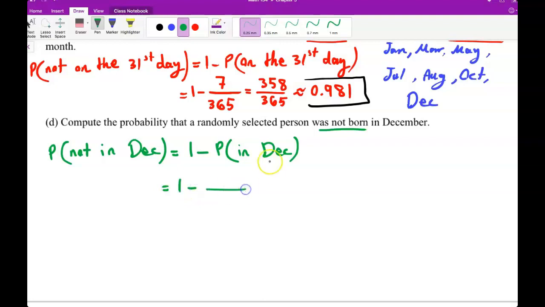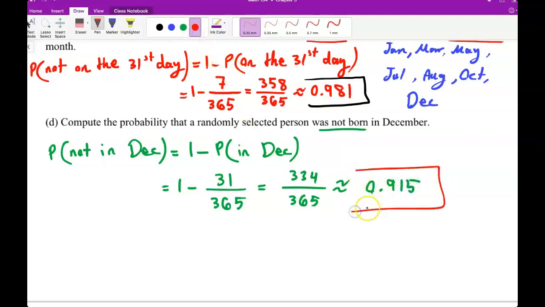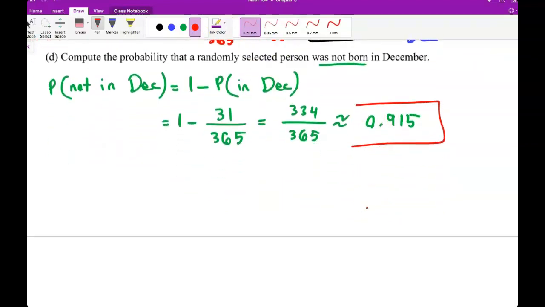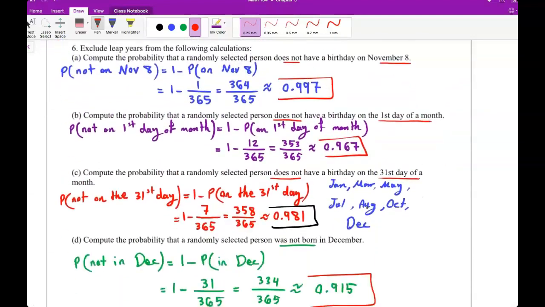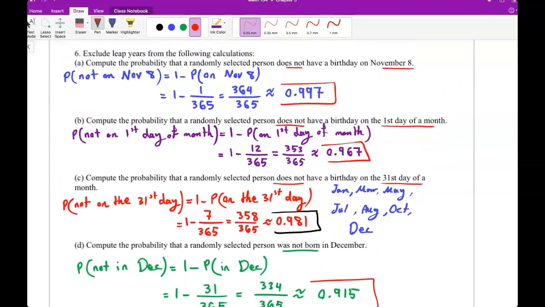We have one minus how many days we have in this month. In December we have 31 days. In total we have 365. We round that, the answer is 0.915. Okay, so I finished this part.